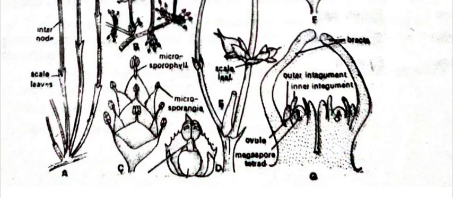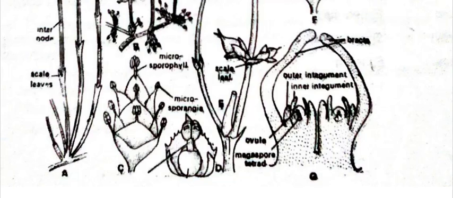The parietal cell produces many cells which push the megaspore mother cell towards the lower part of the ovule, towards the chalazal end, and the megaspore mother cell divides by reduction division and produces a row of four haploid megaspores, or a linear tetrad of megaspores.